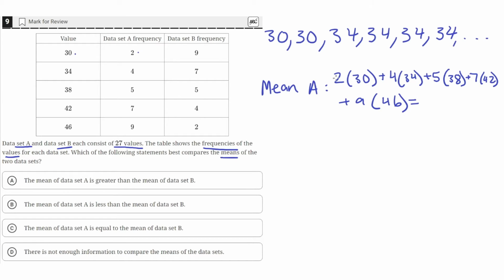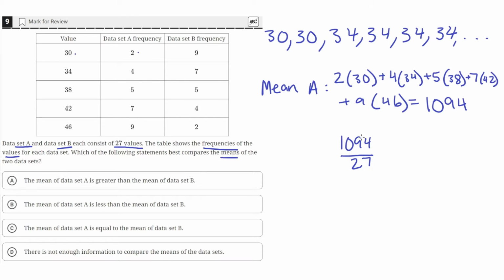So if we were to put this into our calculator, we would get a value of 1094. And then we can divide this 1094 by 27, since there are 27 values in dataset A, to get the mean.